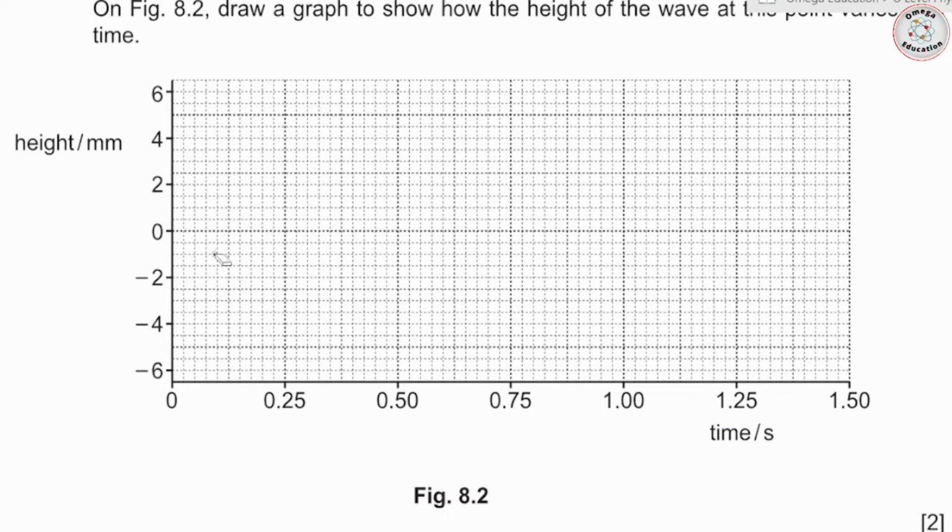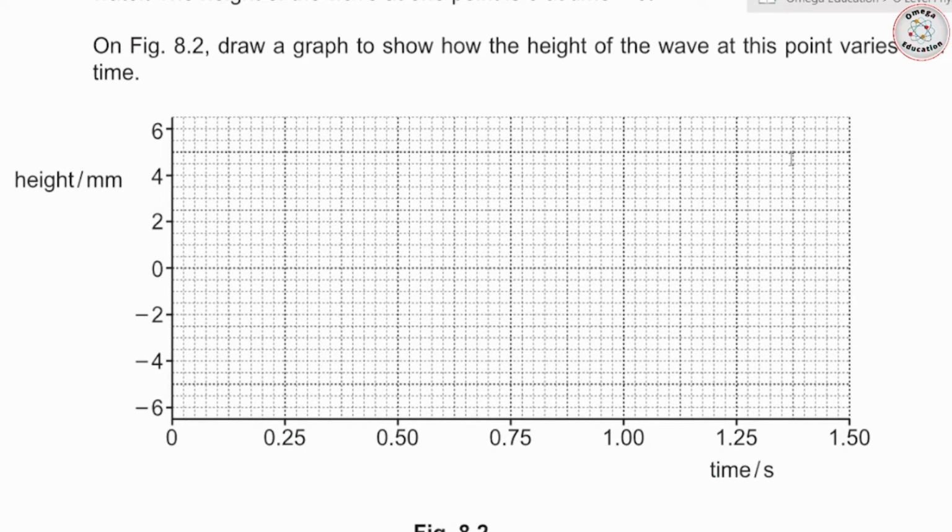But from the displacement time graph, we cannot directly find the wavelength. Rather, we can find the time period and we can also find the frequency. And if the speed is given, then indirectly from mathematics, we can find the wavelength.